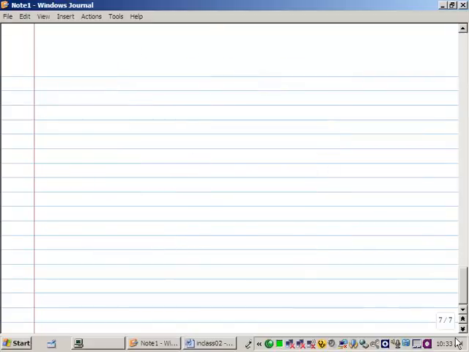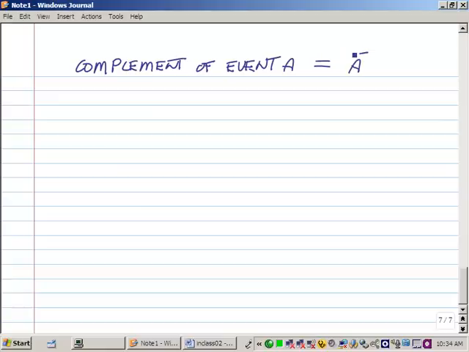Alright, another thing that's useful for us is the concept of the complement of an event A. The complement is written as A with a bar on top of it, called A bar.